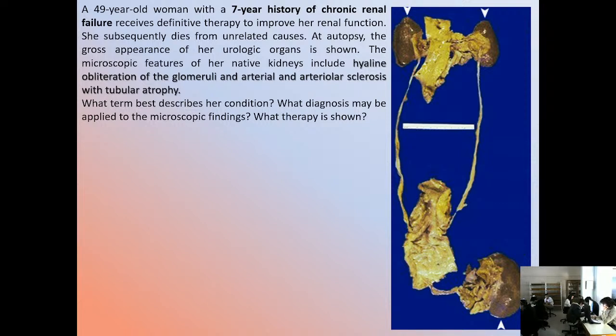So this is possibly due to chronic glomerulonephritis, because if it were due to nephrosclerosis, how would their surface be? What happens to the surface of the kidneys that are reduced in size due to nephrosclerosis? What is nephrosclerosis? It is hyaline arteriolosclerosis related most often to diabetes and hypertension.